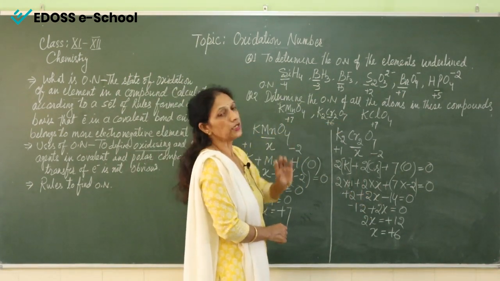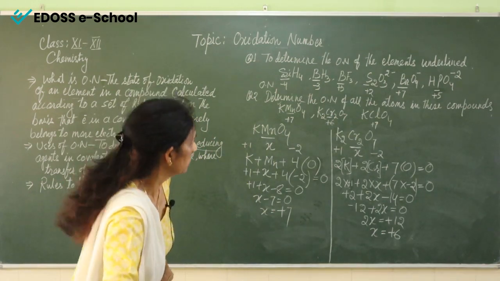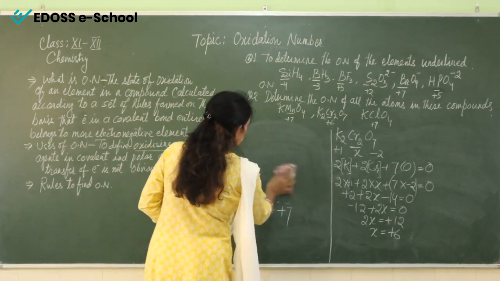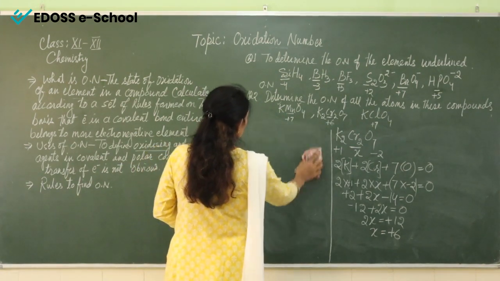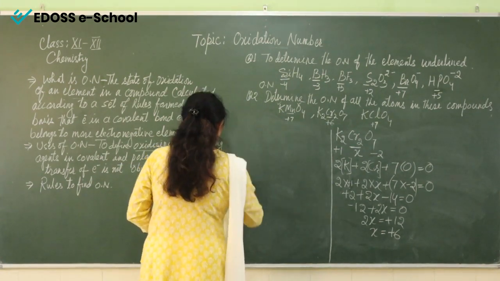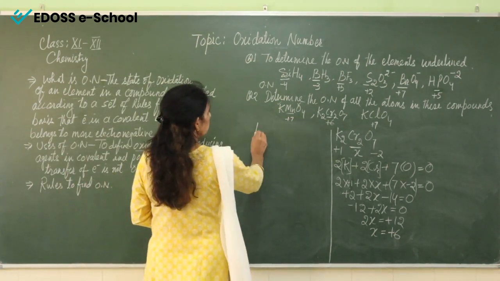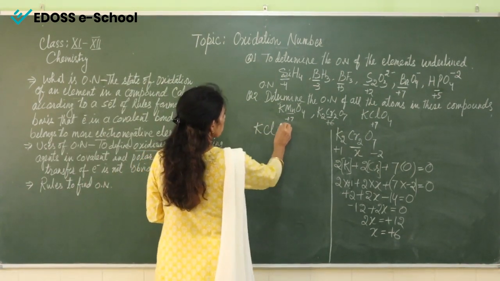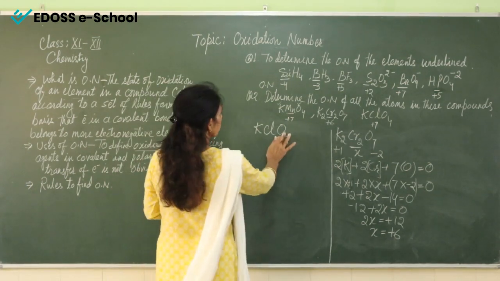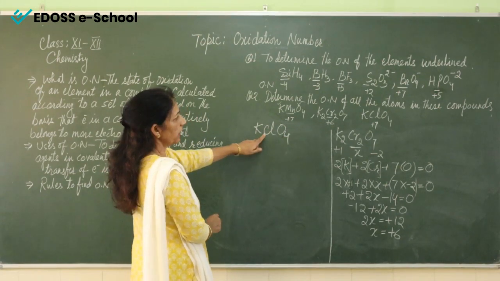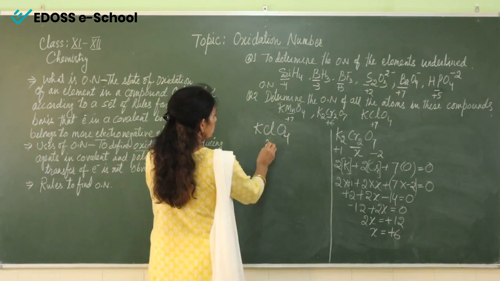Now KClO4. If you have to find the oxidation number of potassium chlorate, so many examples we have done. In the same way, this is potassium chlorate, KClO4, and we have to find the oxidation number of Cl.